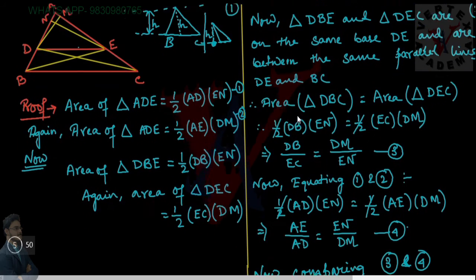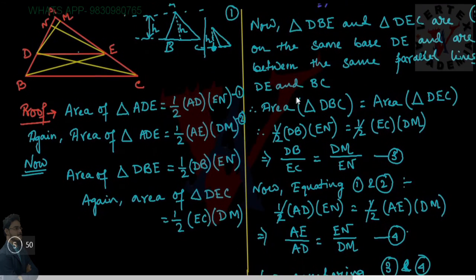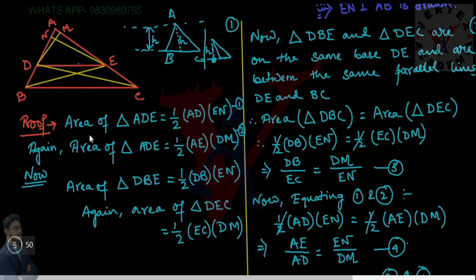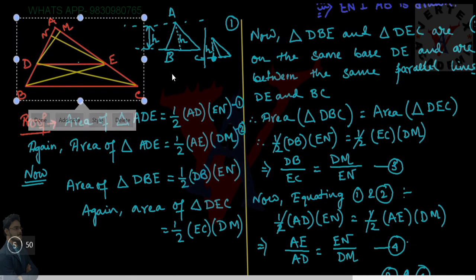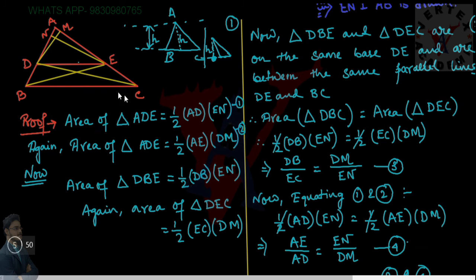Now let us look back a bit. In the first step, we wrote the area of triangle ADE in two different ways, right? Considering AE as the base first, we wrote the area, and again considering AD as the base, we wrote the area.